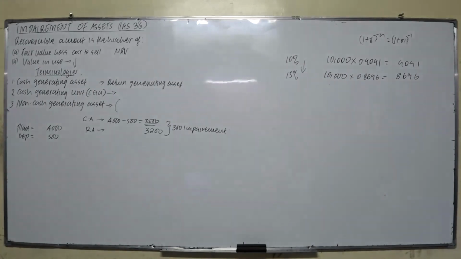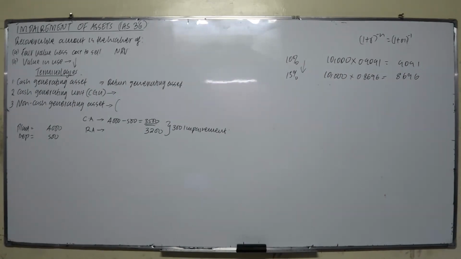Internal indicators. Number one, physical damage of the asset.